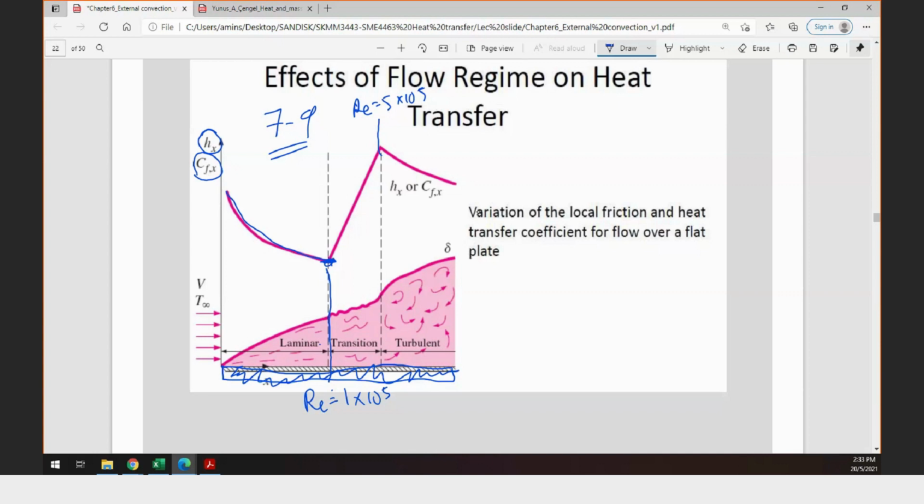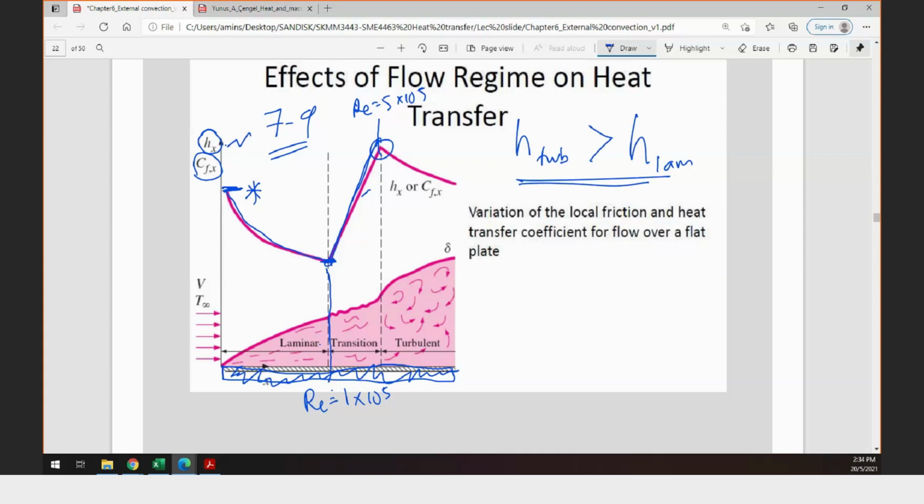The heat transfer convection coefficient will be what? It increases significantly, in a linear relation, which is very high compared to the highest value in the laminar. So the value will be higher than the laminar situation. This means when you compare the h value, the h value for the turbulent should be higher than the h value for the laminar.